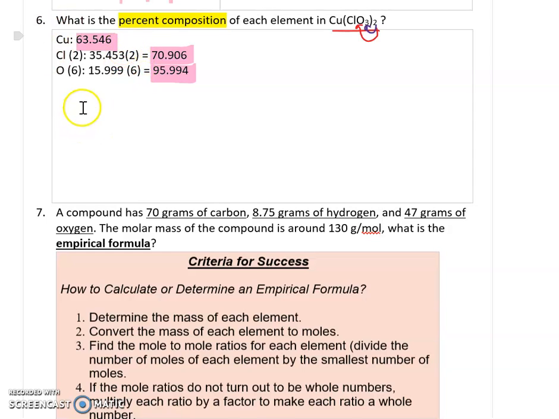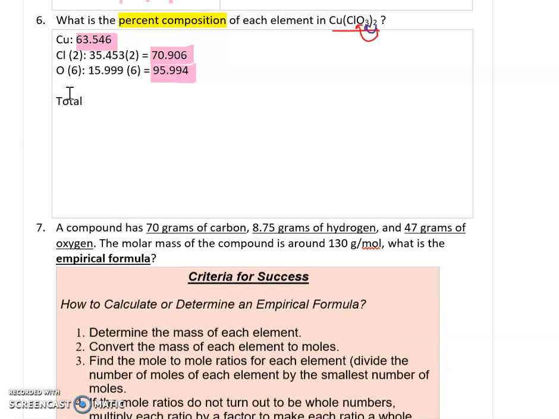Now I have to add all of these so that I can find the total mass of my compound. 95.994 plus 70.906 plus 63.546 is equal to 230.446 grams, or atomic mass units, whichever mass unit you want to give it.